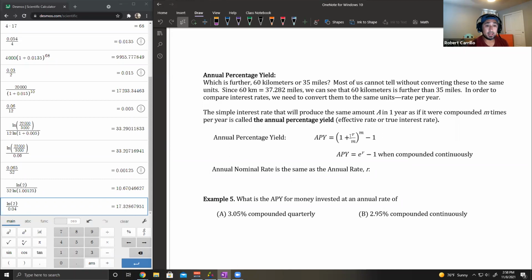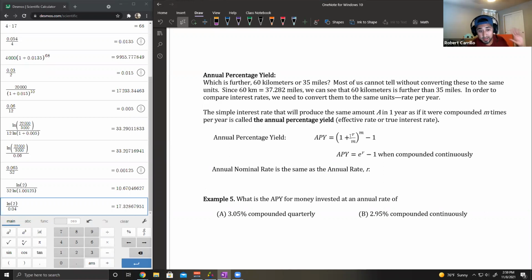The simple interest rate that will produce the amount A in 1 year, as if it were compounded m times per year, is called the annual percentage yield, the effective rate, or the true interest rate. Your annual percentage yield in terms of regular compoundings, daily, weekly, monthly, semi-annually, is given by (1 plus r over m) to the m, minus 1, where m is your number of compoundings.